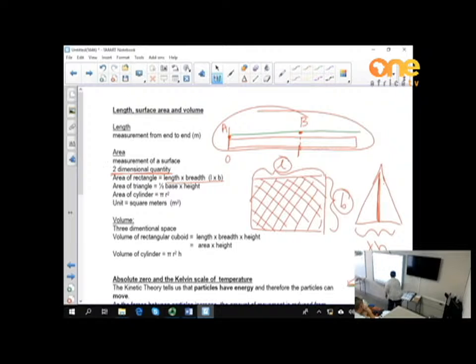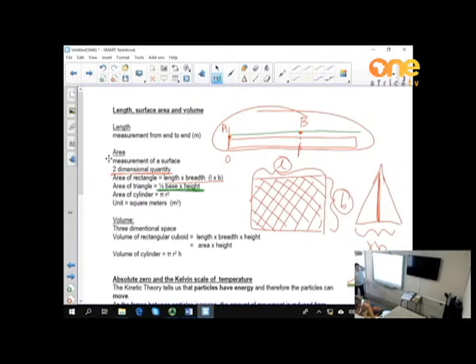So it's half the base, and then you will take the perpendicular height. You would have to measure that value. So the area of a triangle is half times base times height. You can do it in any order, because remember when you multiply, the order in which you multiply doesn't matter. You can take the whole base, multiply it with the whole height, and then you can halve it. It won't affect your answer. So the order of operations does not matter over here as long as you have half base times height.